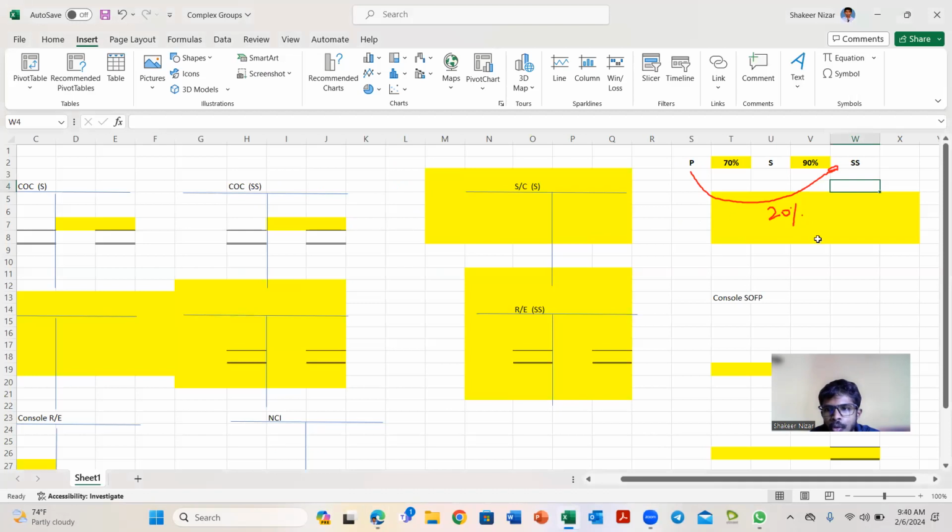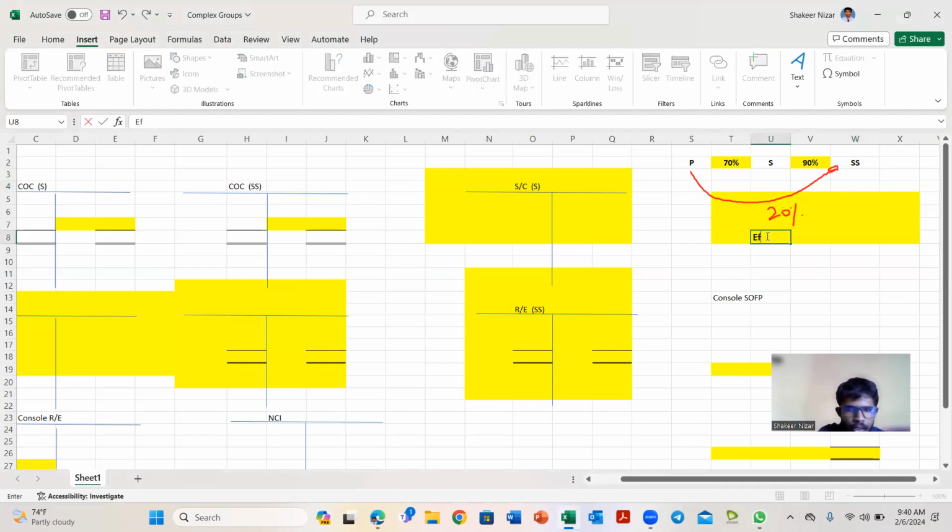So now we want to work out the effective interest in the subsidiary. What is the effective interest in SS to the parent? 70% times 90% plus 20%, because the parent directly owns 20% and indirectly owns 70% of 90%.